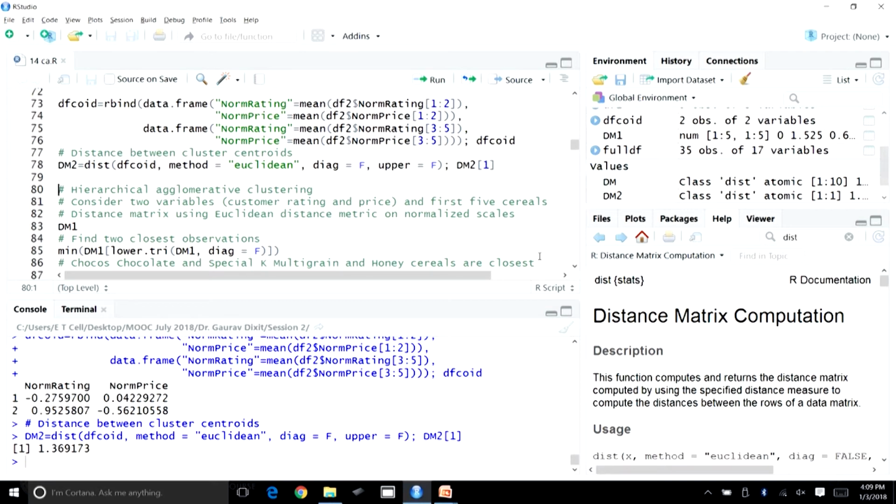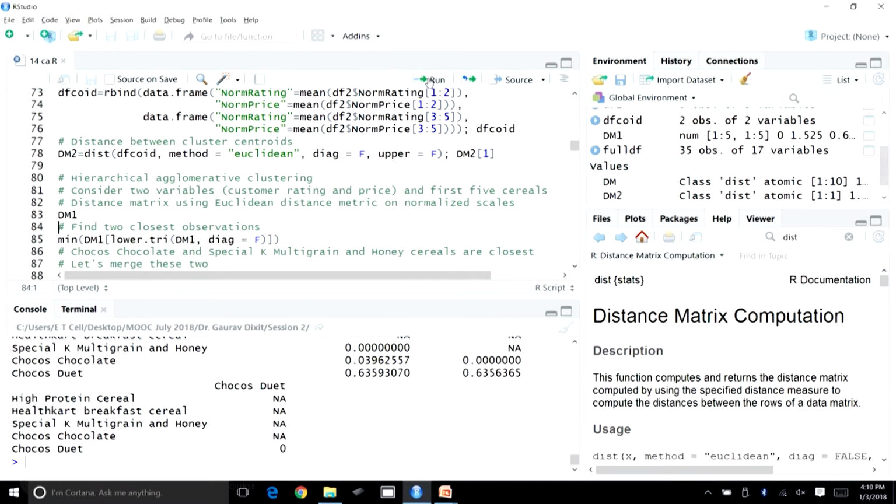Before we move ahead, we need to have the distance values between the different cereals. For this we are going to use this particular matrix which we have already computed, using the Euclidean distance metric on normalized scales. We have seen this before in the previous lecture as well. So let us run this.